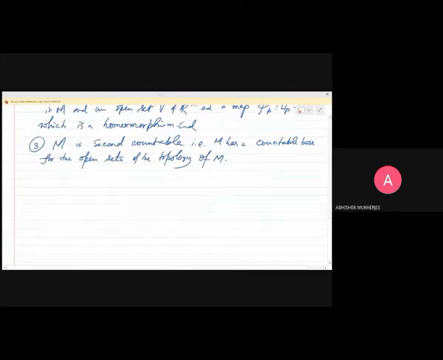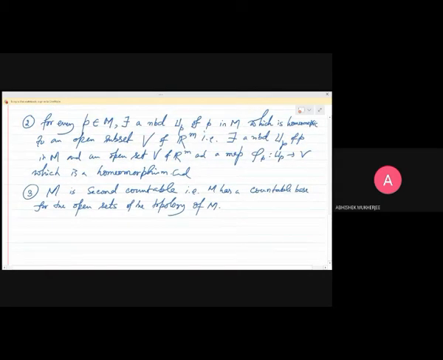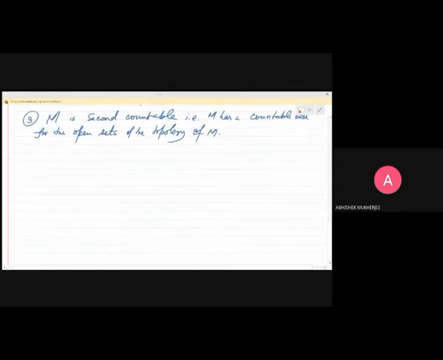So from axiom 2, you will see that for each point P, one can find an open set U of M containing P and an open subset V of Rm which are homeomorphic, right?